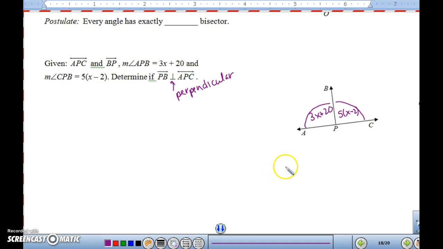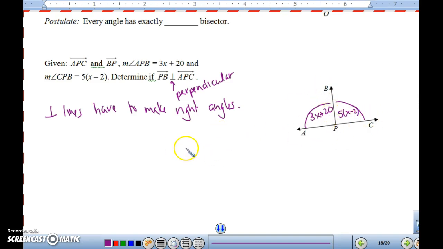Well, what do we have to know about those two lines in order for them to be perpendicular? By our definition of perpendicular, perpendicular lines have to make right angles. So we have to figure out whether or not APB and BPC are right angles or not.